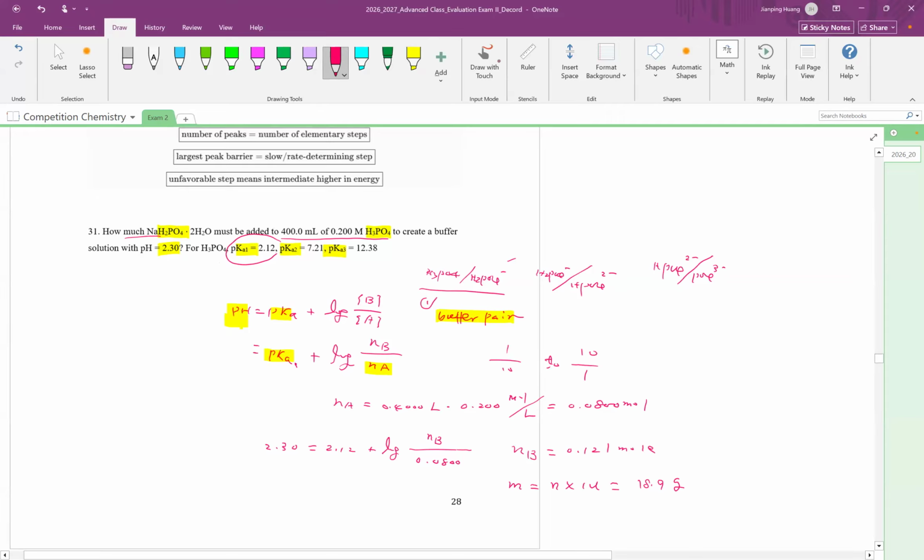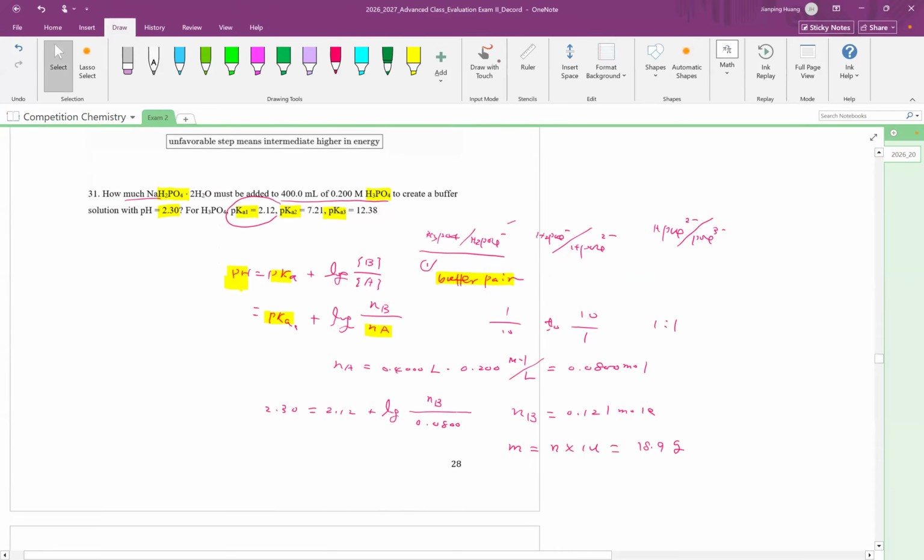The highest buffer capacity should be at 1 to 1. Now, how are we going to calculate the buffer capacity? We are going to discuss that in a separate class, okay? There are a couple of questions for you to practice.